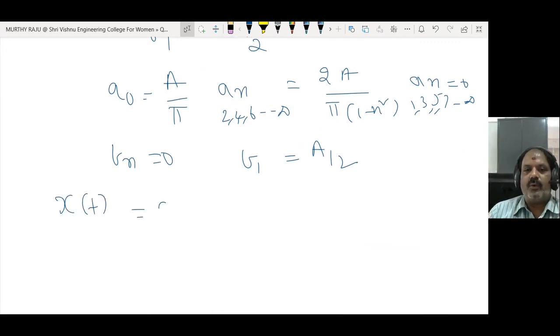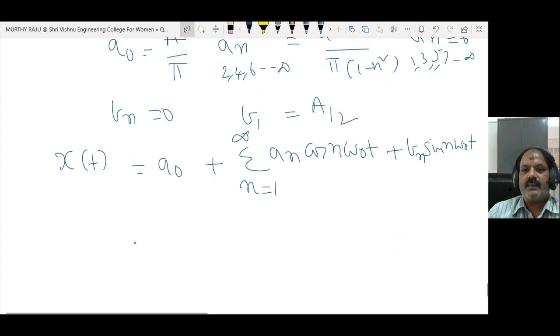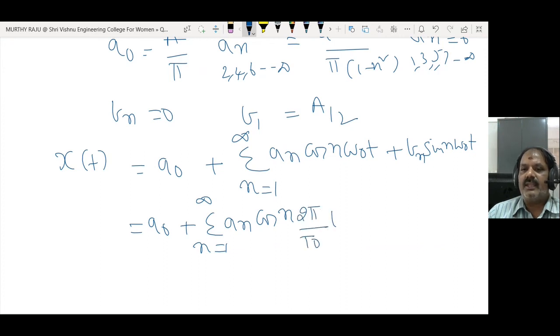x of t is equal to a naught plus sigma n is equal to 1 to infinity an cos n omega naught t plus bn sin n omega naught t. That is a naught plus sigma n is equal to 1 to infinity an cos n omega naught t, where omega naught is 2 pi by T naught into t, plus sigma n is equal to 1 to infinity bn sin n 2 pi by T naught t. bn is equal to 0 for n not equal to 1.